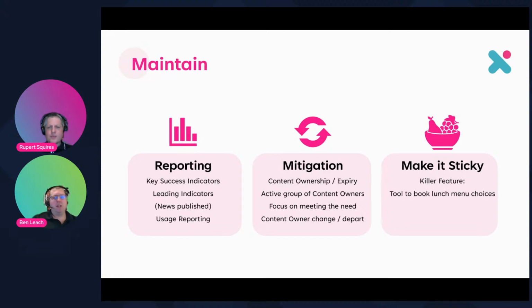So if there is a sort of killer feature that you can bring onto the intranet, whether it's like a sales leaderboard or dashboard, for instance, or something that's pulling information from one of your other systems, so you can draw that through. We had one customer whose killer feature was that they wanted people to be able to book their lunch from the canteen.